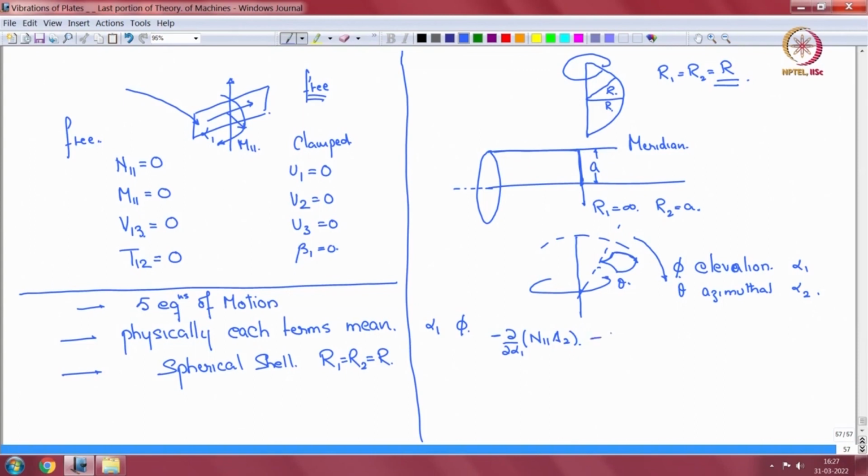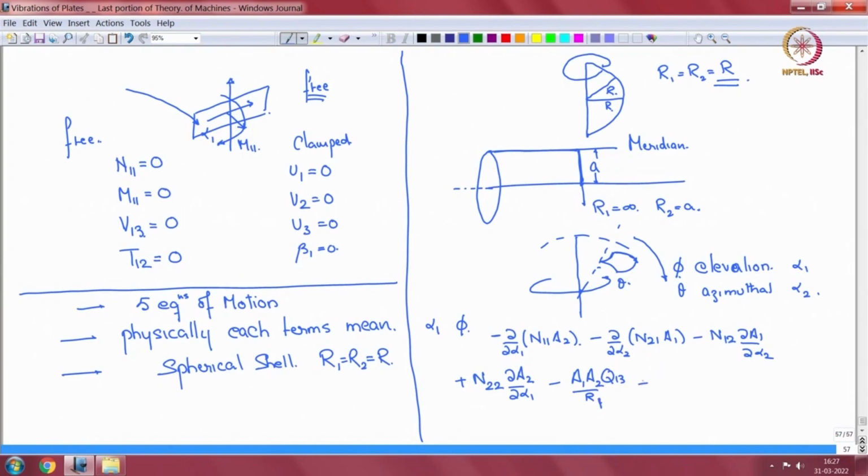The second term is minus del alpha 2 of N21 A1. Third term is minus N12 del A1 by del alpha 2. Fourth is plus N22 del A2 by del alpha 1. Next is minus A1 A2 Q13 by R1. The signs are consistent, that's all.